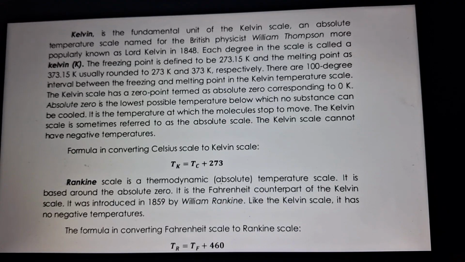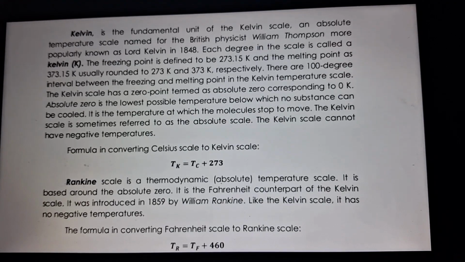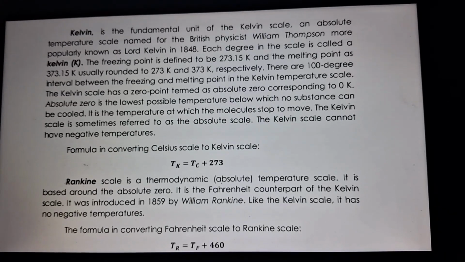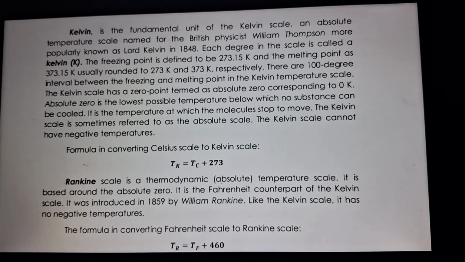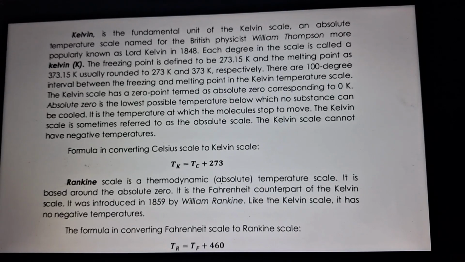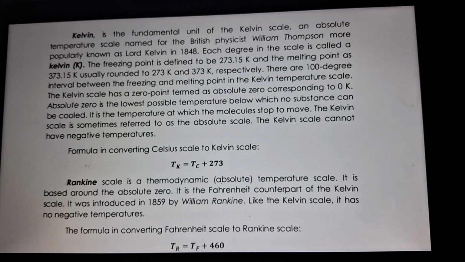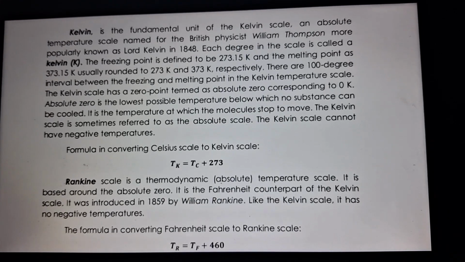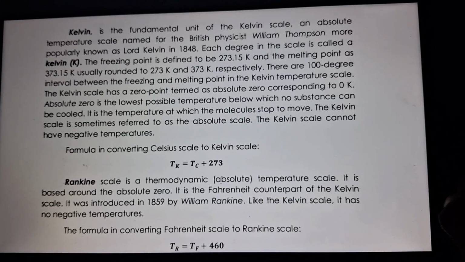The freezing point is defined to be 273.15 Kelvin, and the melting point 373.15 K, usually rounded to 273 K and 373 K. So there is a 100-degree interval between the freezing and melting points in the Kelvin temperature scale, because you subtract 373.15 minus 273.15.